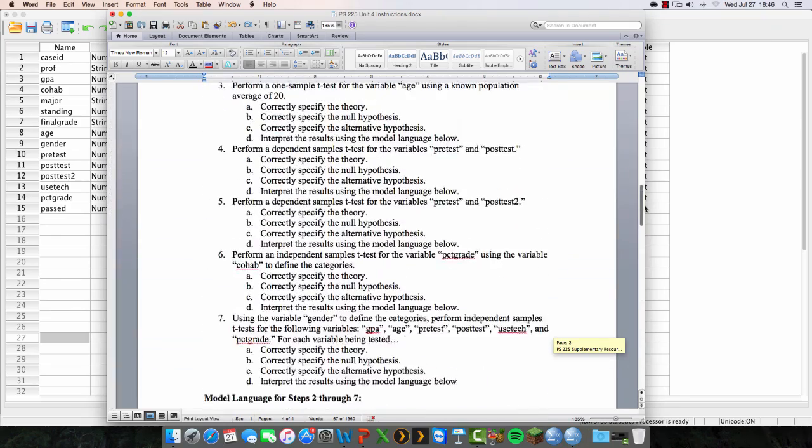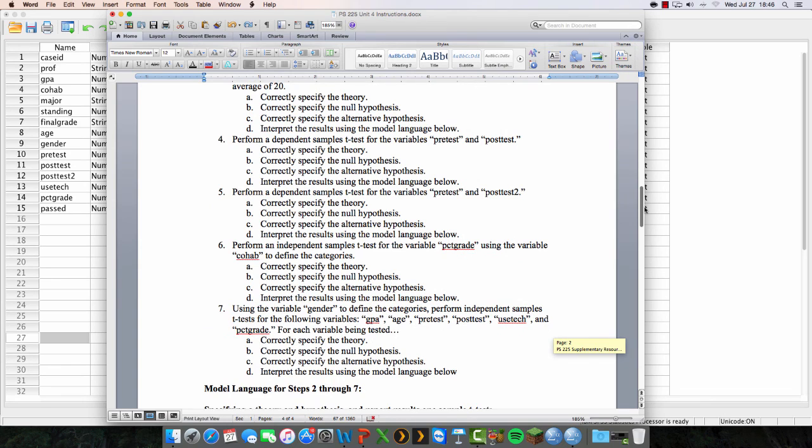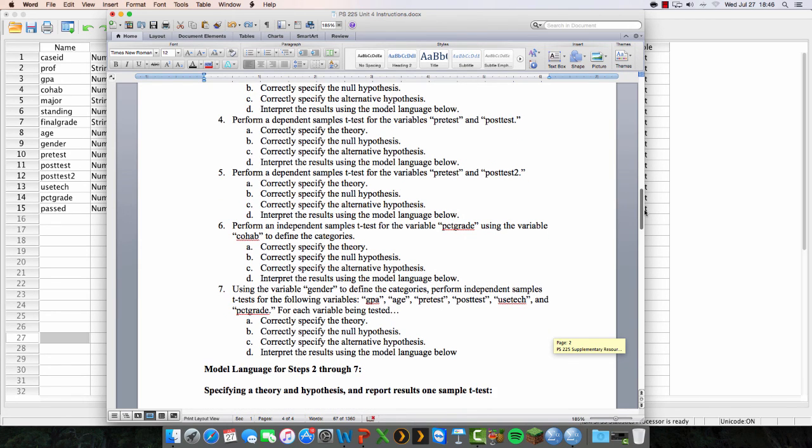Okay, so jumping back to the unit instructions, after you've done number 6, in number 7, I've laid out a series of variables for you to test using the independent samples t-test, and the categorical variable, the dividing variable, the grouping variable, is gender.